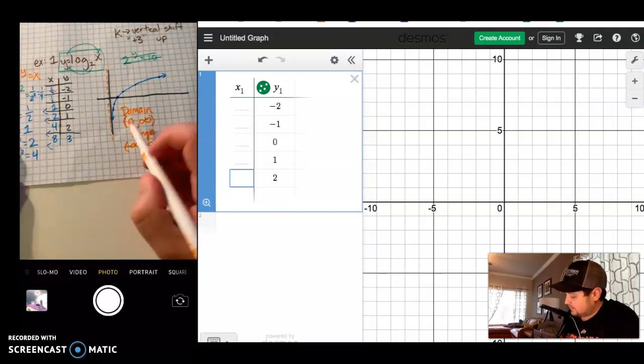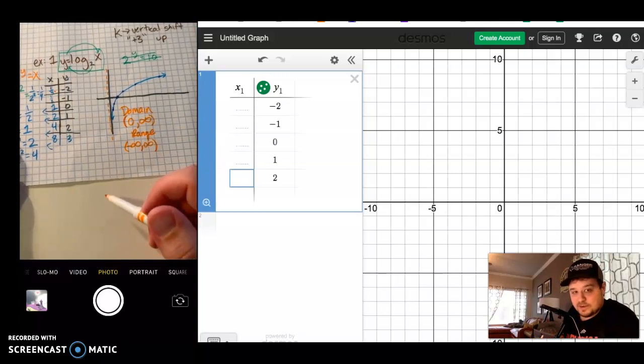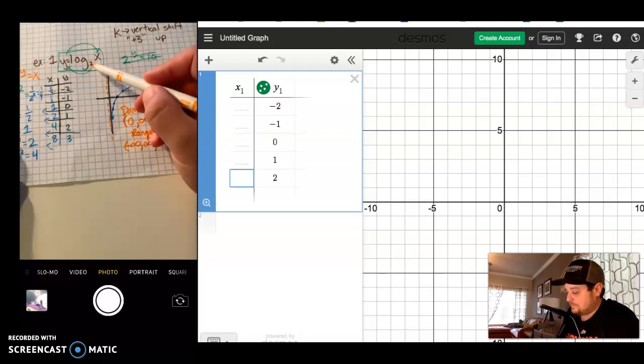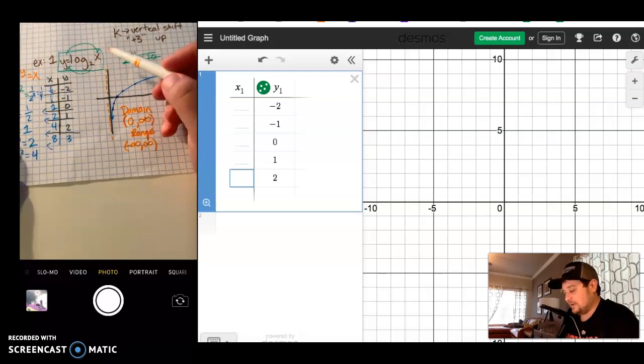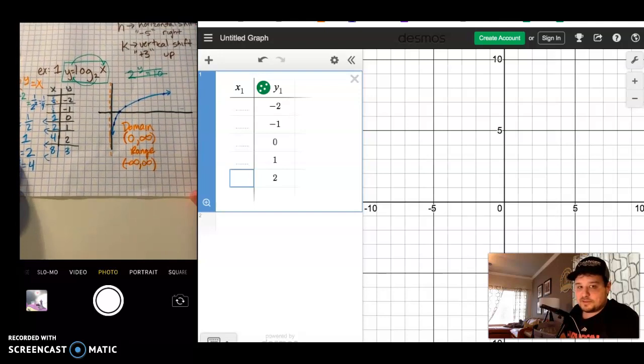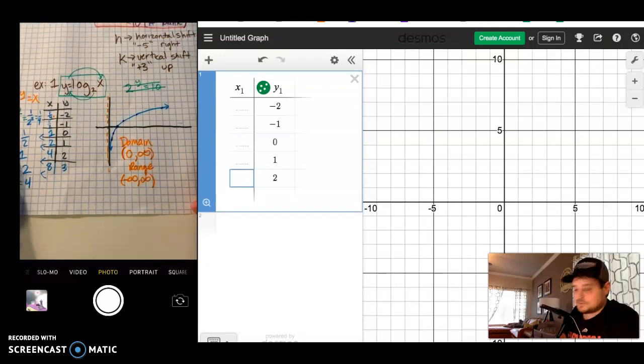There's a unique thing that our domain is restricted here. We can't have negative results. And that's because we have a positive base, right? Whenever you have a positive base, doesn't matter what exponent you have on it, the answer is going to be positive.